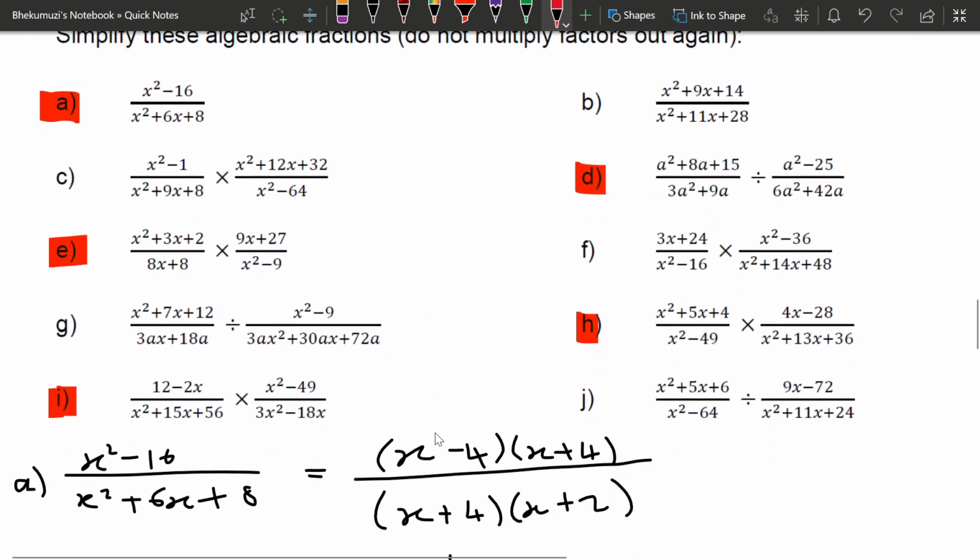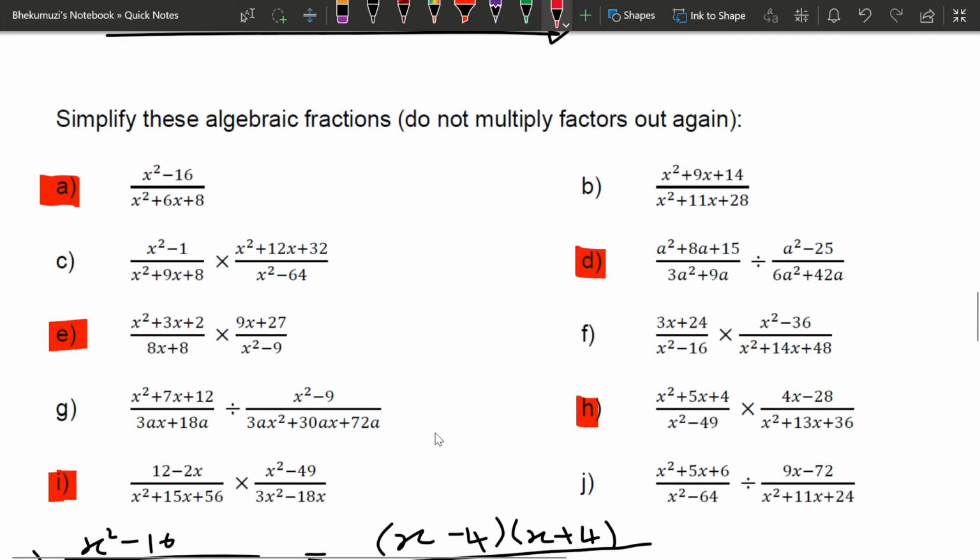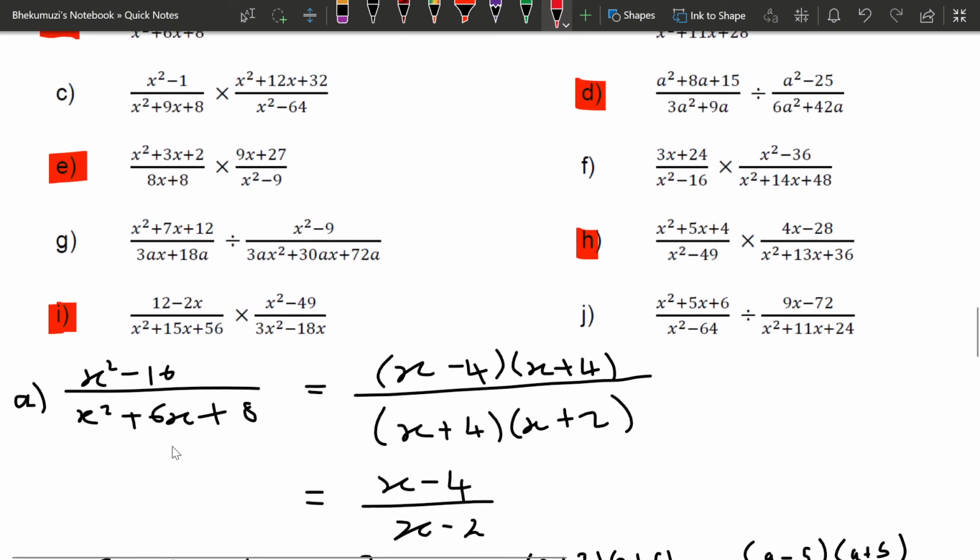And then lastly, this one, a, b, c, d, e, f, g, and h, we're going to look through quite quickly. Now here you'll be looking at expressions, but the whole point about these types of expressions is that you just need to apply your factorization first and simplify and cancel out the things that need to be cancelled out, right? So the first one here, you have x squared minus 16 and x squared plus 6x plus 8, right?